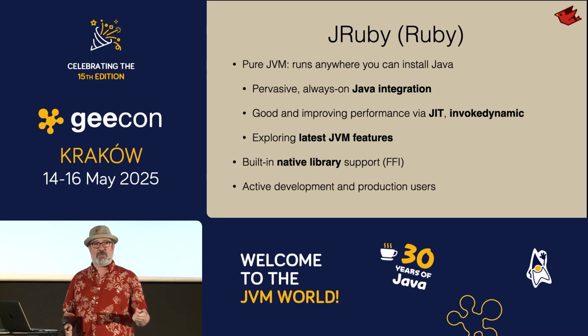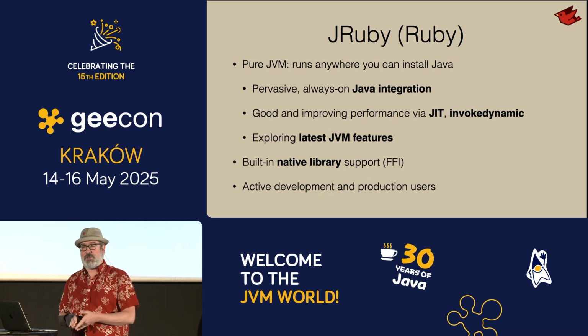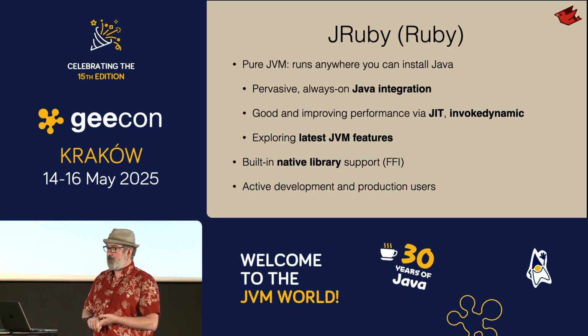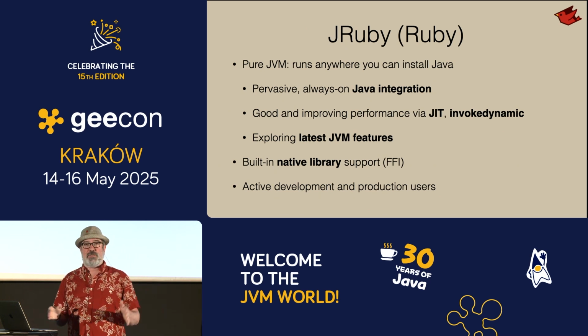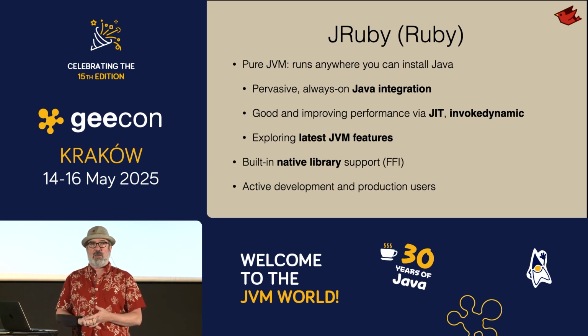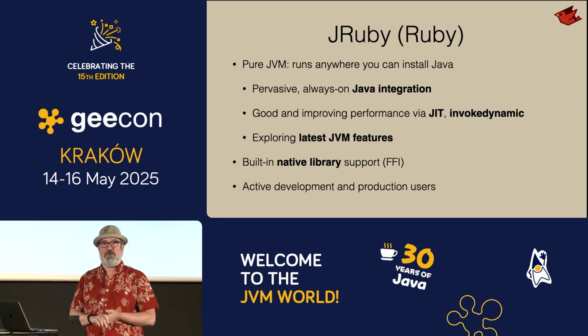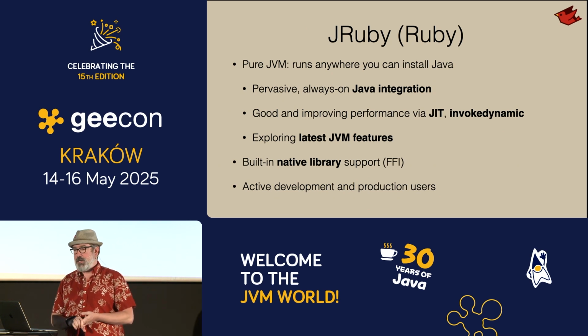Excellent performance. We JIT code down to JVM bytecode and use InvokeDynamic to optimize dynamic calls. We're always playing with the latest JVM features. The most recent release of JRuby, JRuby 10, now requires Java 21. And so we are starting to leverage a whole bunch of features that we've had to put on hold for years.